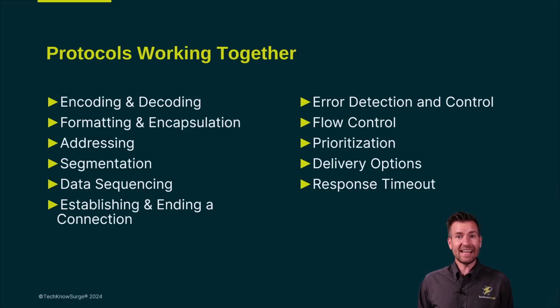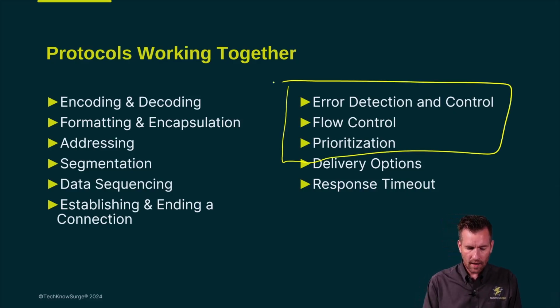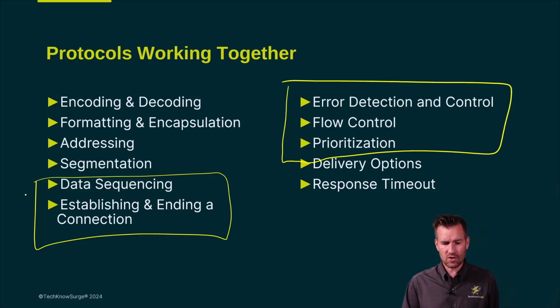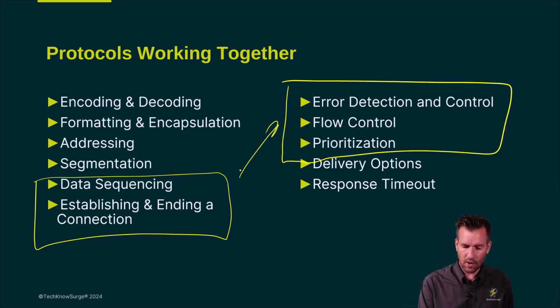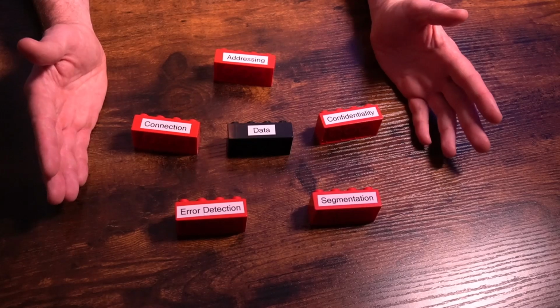Now, one thing to understand is that a protocol could do several different things for us. So maybe one protocol does error detection, flow control, and prioritization for us, while another does data sequencing and establishes end-to-end communication. And so maybe we want to use both of these protocols in order to help facilitate our needs and what we're trying to accomplish. I'm going to use these Legos as an example of how protocols work.